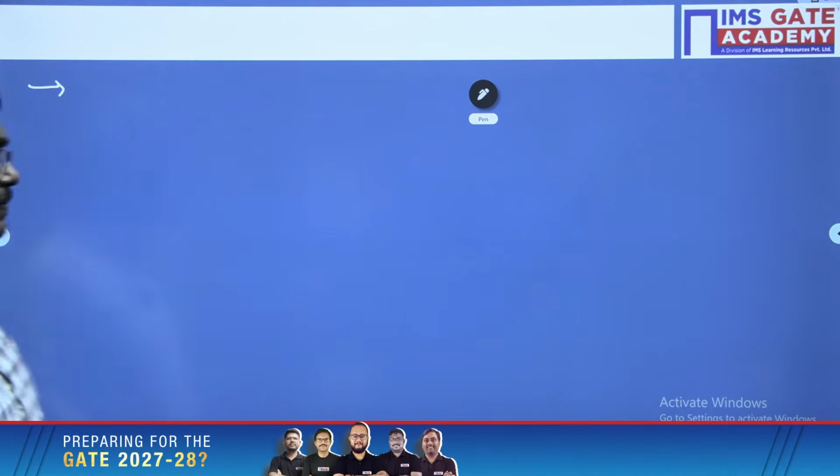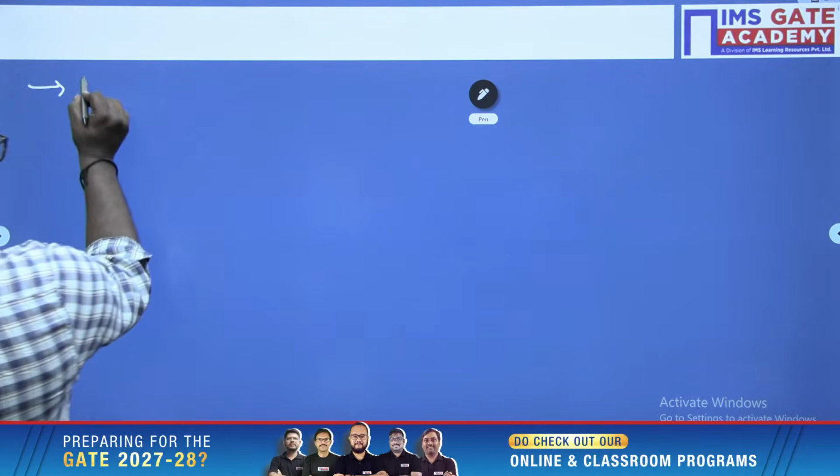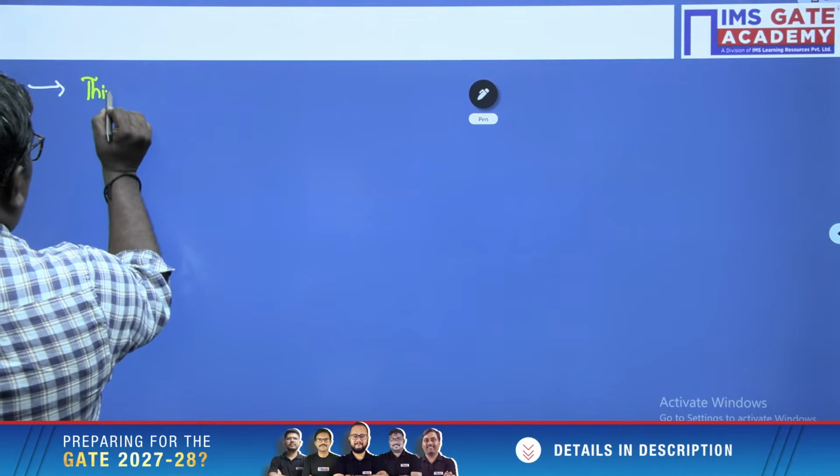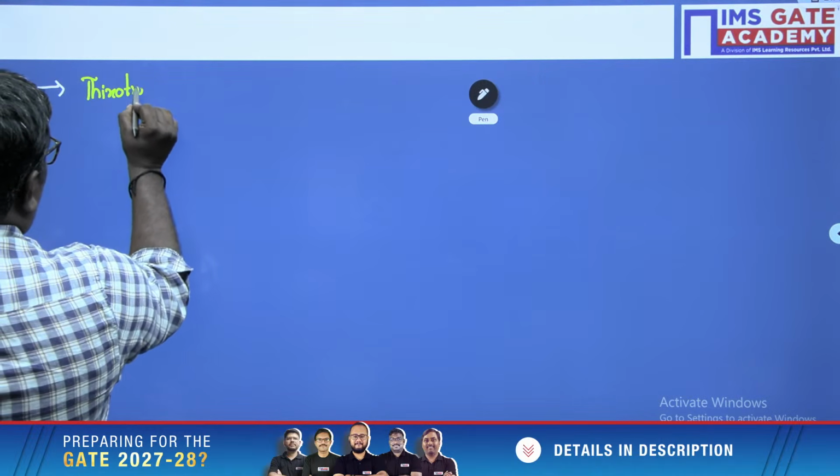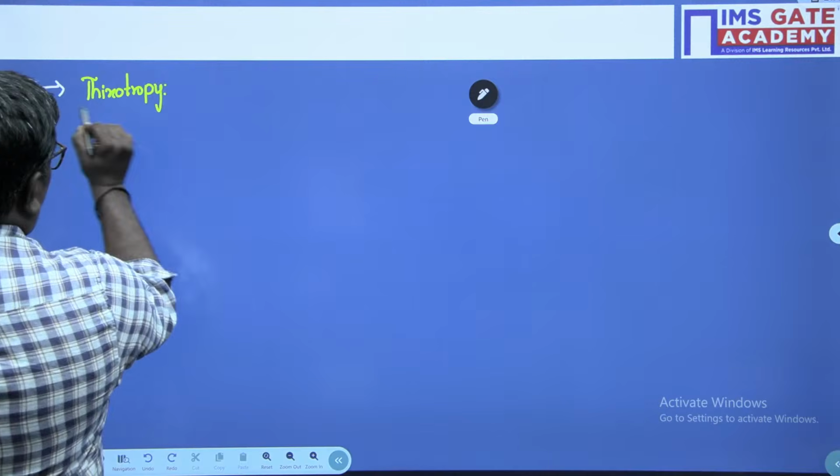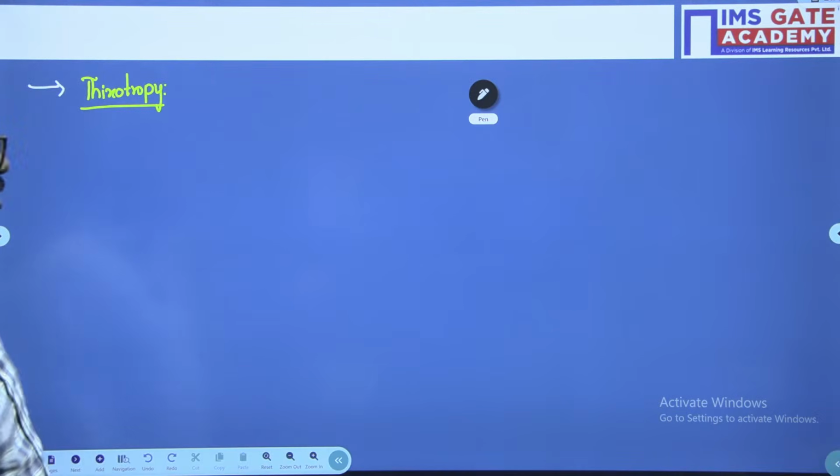Soil structure, right? What is thixotropy here? Any idea, sir?